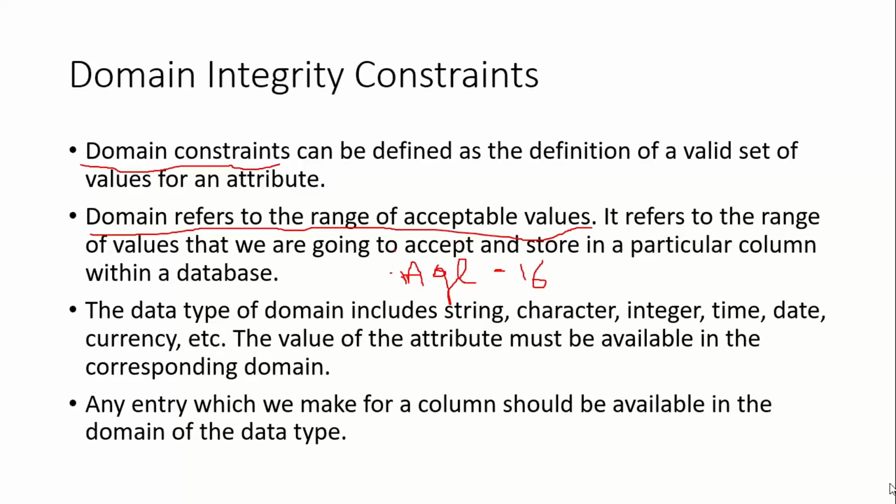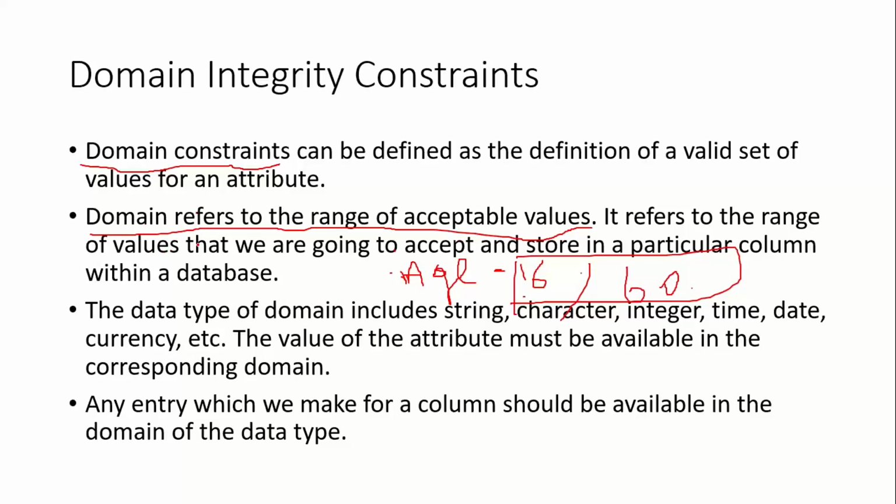This is the constraint for the domain. The domain for the age attribute is 16 to 60. That means you can take employees whose age falls between 16 and 60, because after 60 it is retirement age and before 16 it comes under child labor. So you can't recruit employees below this age or above that. This defines the domain value for the age attribute. I hope you understand this.